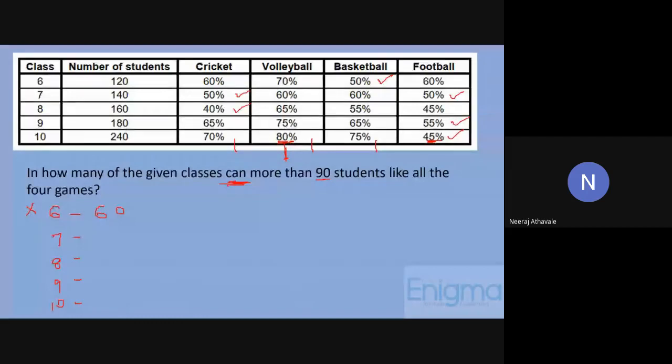Okay, so sixth का 60 आया, seventh का 70 आया, eighth का 64 आया, ninth का I guess 99 आएगा, okay, and 10th का 108. So greater than 90 सिर्फ दो standards में है, which is 9th and 10th.